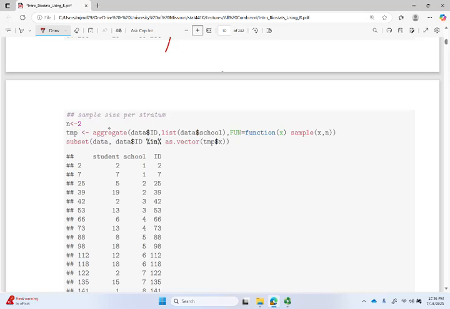So here we're going to use the function aggregate, and this is our data. So we put in the 200 IDs, and then this is our strata variable. So it's the schools. So there's 10 different schools. And then what it does is within each of these, when it equals 1, then we only have the data from school 1, and then we use this function.